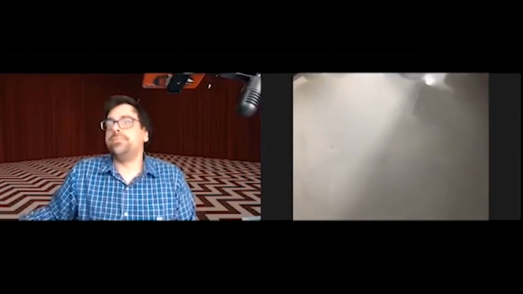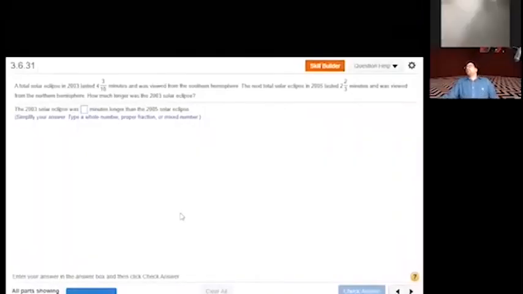Our next problem. A total solar eclipse in 2003 lasted 4 3/10 minutes and was viewed from the southern hemisphere. The next total eclipse in 2005 lasted 2 2/3 minutes and was viewed from the northern hemisphere.